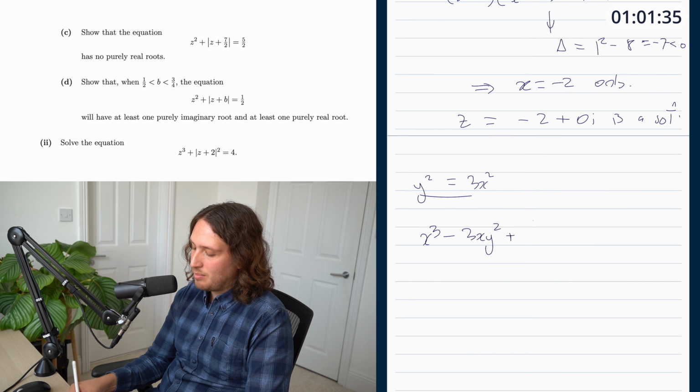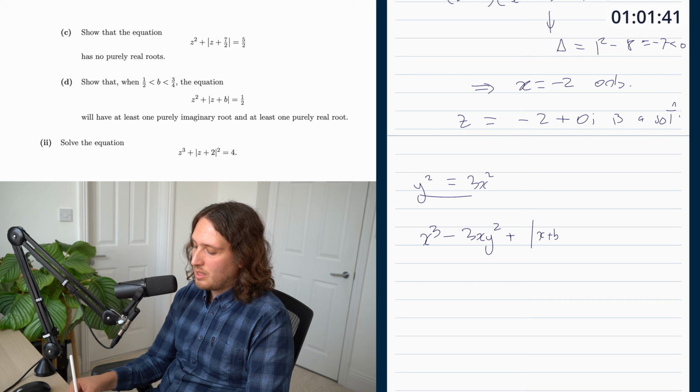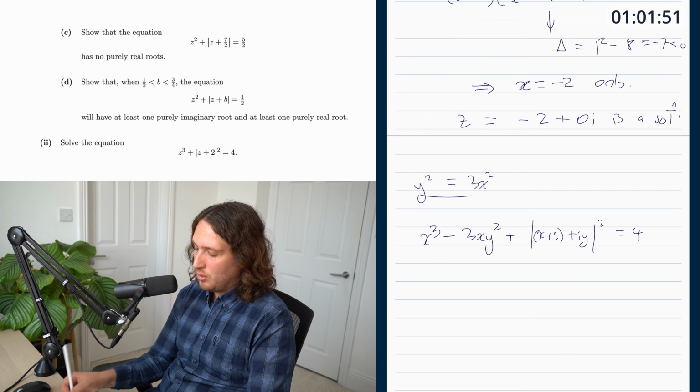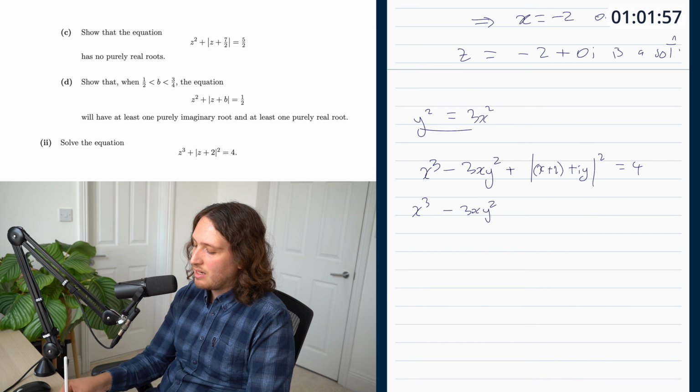Well, let's write it explicitly. So at this point, I'm trying a general solution, which is x plus iy. So I've got x plus 2 plus iy, because 2 is obviously real, squared equals 4. So that means x cubed minus 3xy squared. I don't get a square root because that thing's squared.